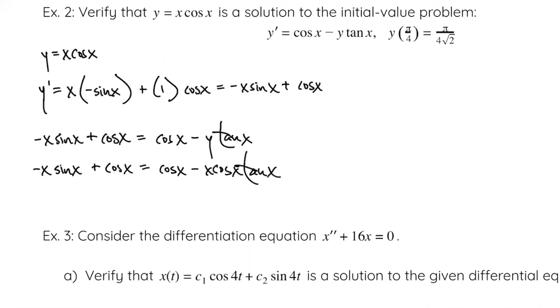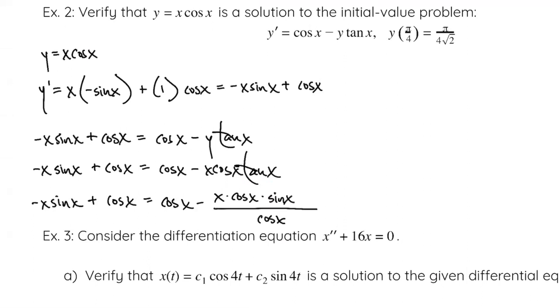It might have been quite some time since you've seen trig, but we can certainly simplify this because we want to be able to match both sides. So we have this, minus x times cosine x. Another way to write tangent x is sine x over cosine x. And we notice here that if we reduce, we'll end up with the same thing on both sides.